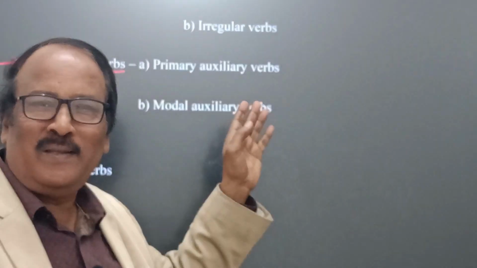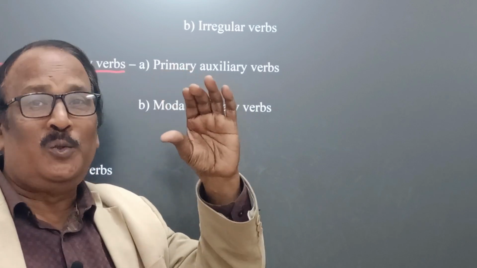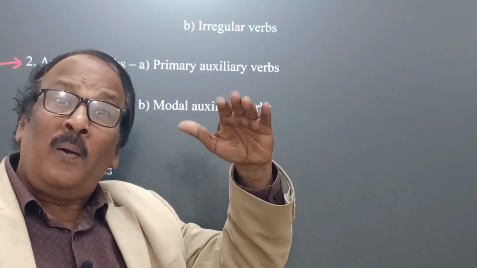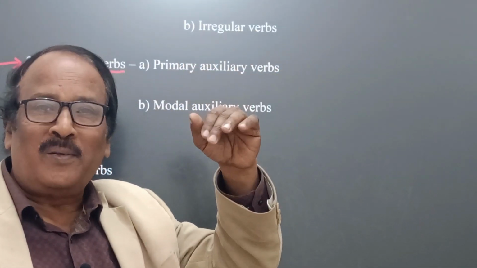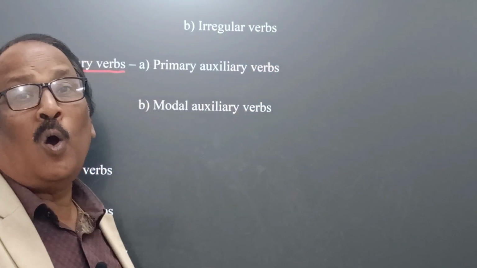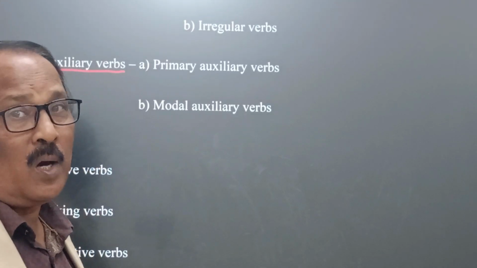The second verb type is auxiliary verbs. The verbs which are used to help or assist the action verbs, dynamic verbs or main verbs in expressing complete meaning are called auxiliary verbs, helping verbs or supporting verbs.